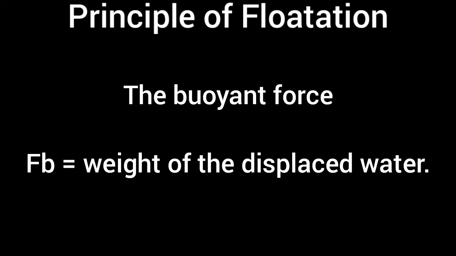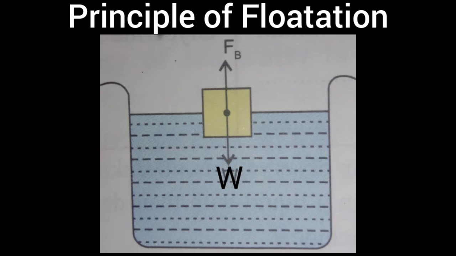The buoyant force is always equal to the weight of the liquid displaced by the immersed part of the body, or however much of the body is inside the liquid. The same volume of liquid is displaced by this body. This is equal to the buoyant force, or the weight of the displaced liquid is called the buoyant force.